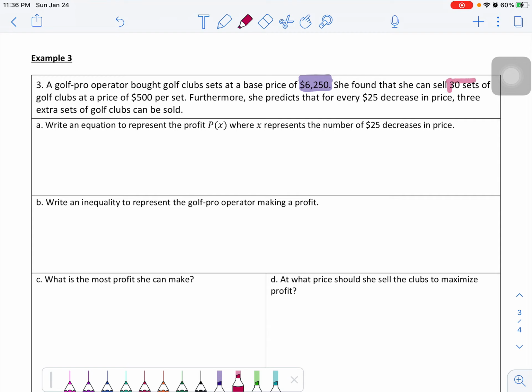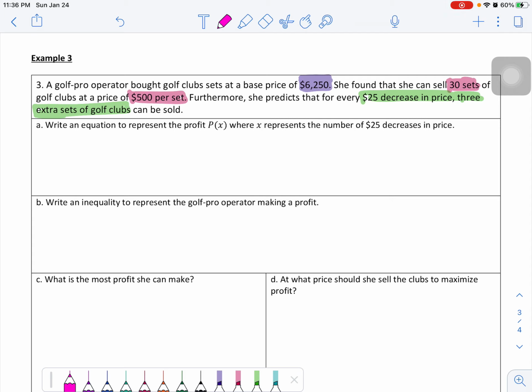She found that she can sell 30 sets of golf clubs at a price of $500 per set. She predicts that for every $25 decrease in price, 3 extra sets of golf clubs can be sold. All right, so I've identified all of the major pieces of information.